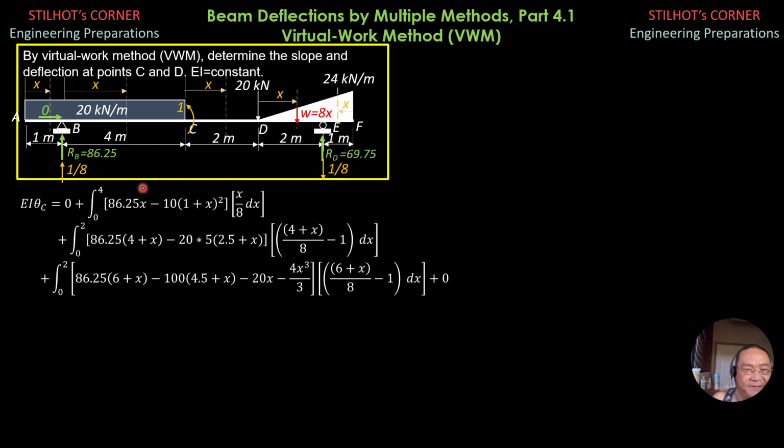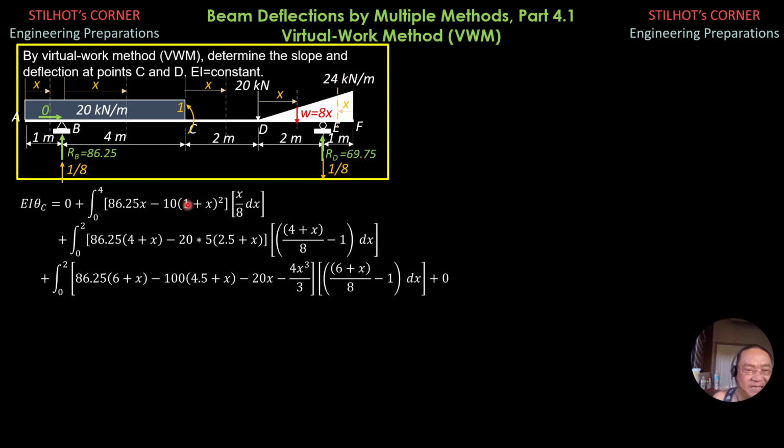Then due to the virtual load, 1/8 of quantity 6 plus x, or 6 plus x over 8, then minus 1 dx. Then plus, in this section, the integral is 0.